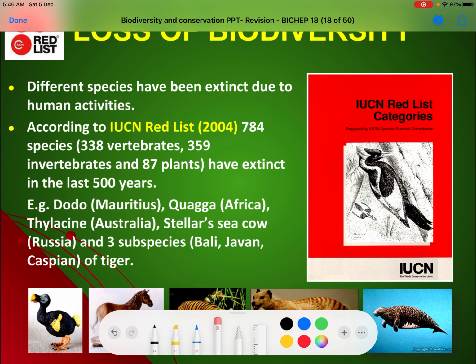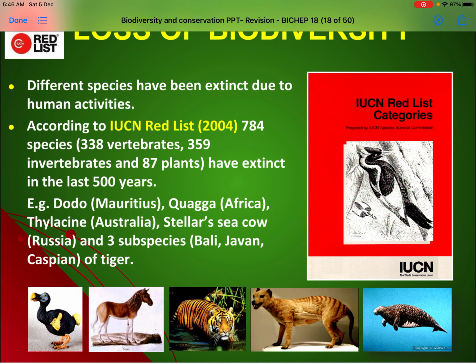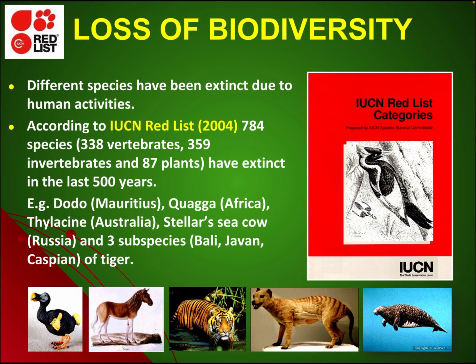So even if a single species of that food web is removed, it affects various food chains. So that's the importance of a particular species in the food web and particularly to the ecosystem. So please take the screenshot.